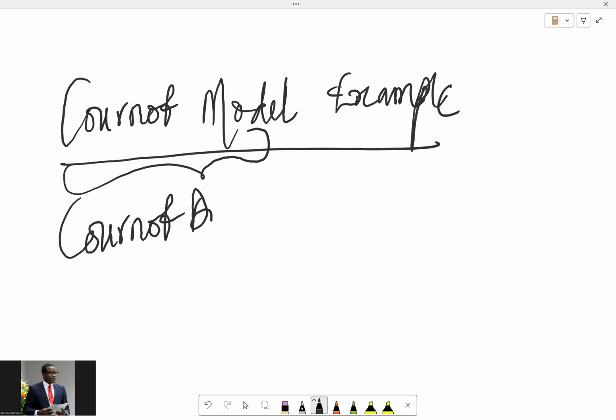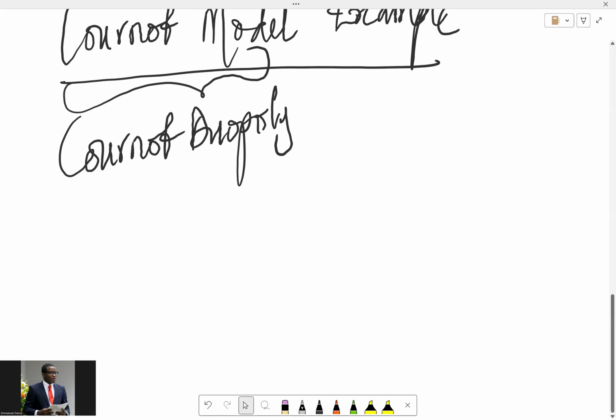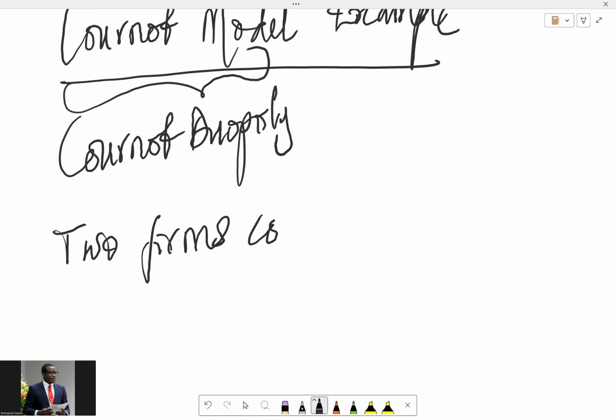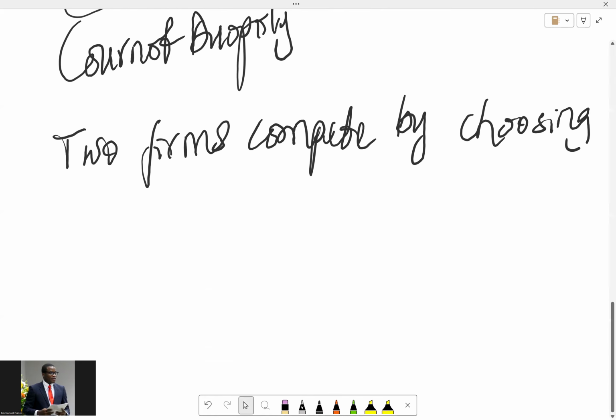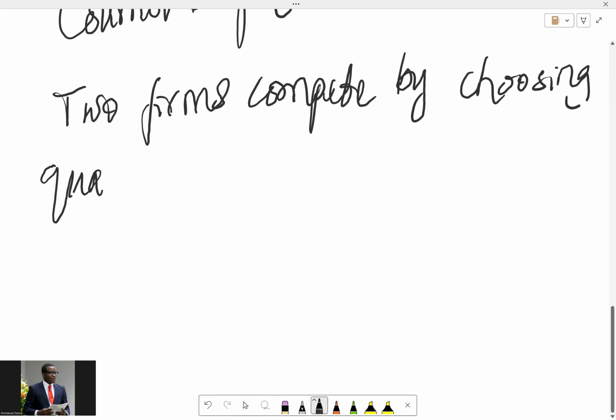Cournot duopoly. So two firms coming together to compete. So you have two firms compete by choosing quantities Q1 and Q2.